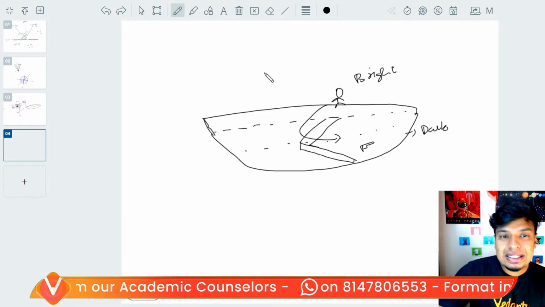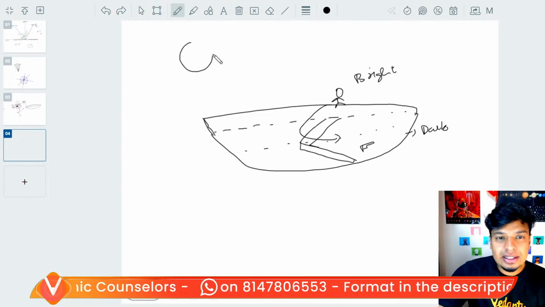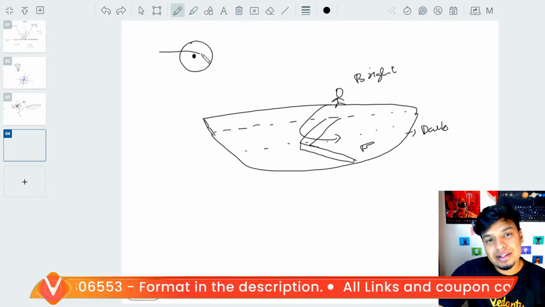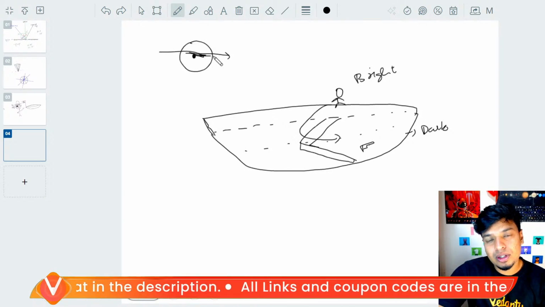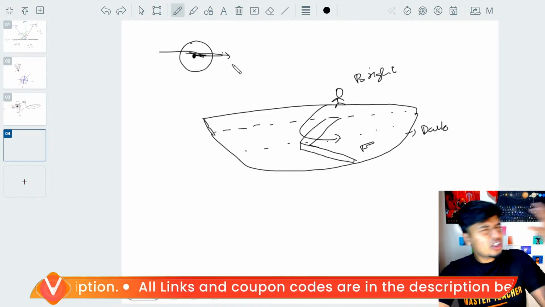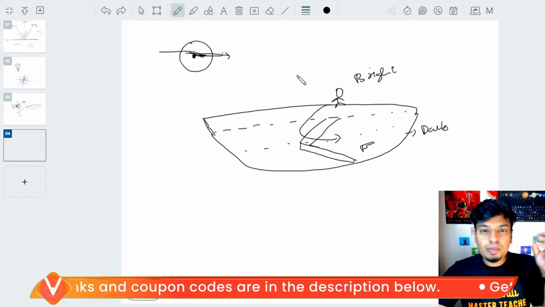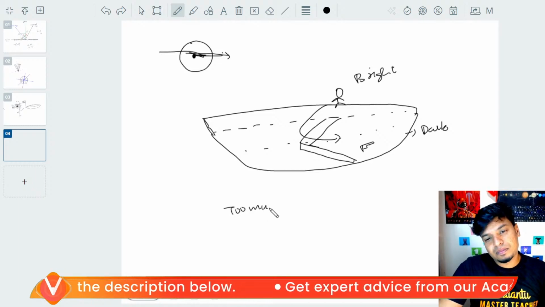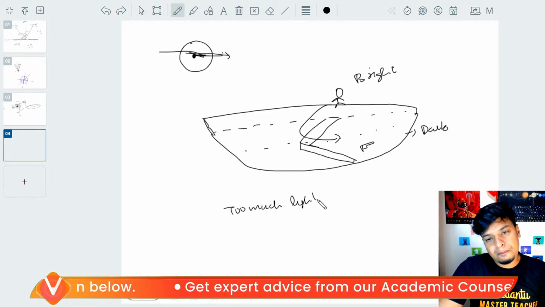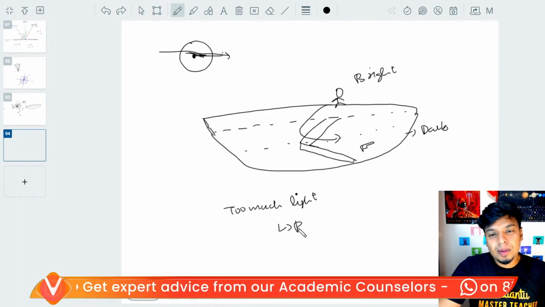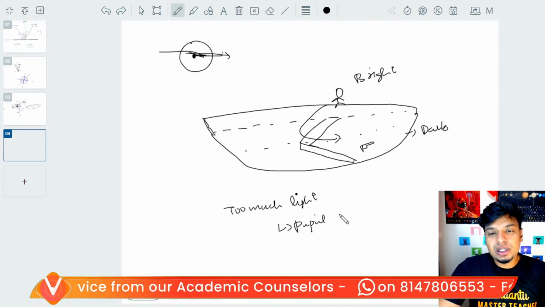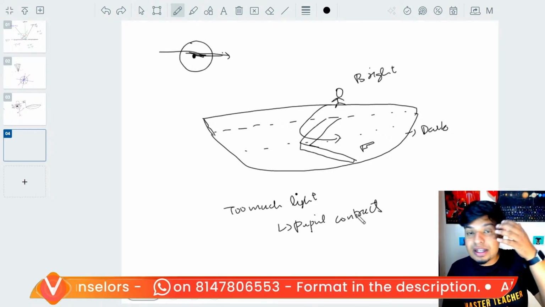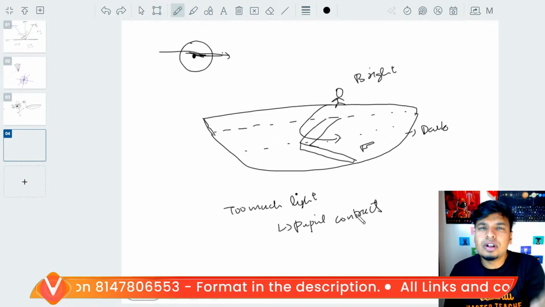Now let us say this is your iris, this is your pupil. This is where light enters through your pupil. When there is too much light outside, your pupil becomes small. Too much light, the pupil contracts, because inside the eye there are sensitive nerves.